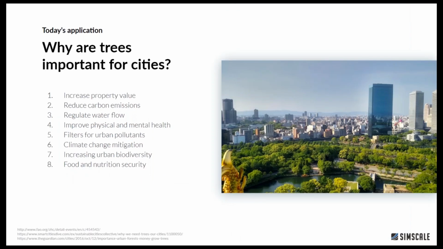Okay, just as a first introduction to trees, we all know that trees are important for the urban environment and for cities, creating increased value for properties, participating in a better environment for wildlife, for example, and in improved physical health.